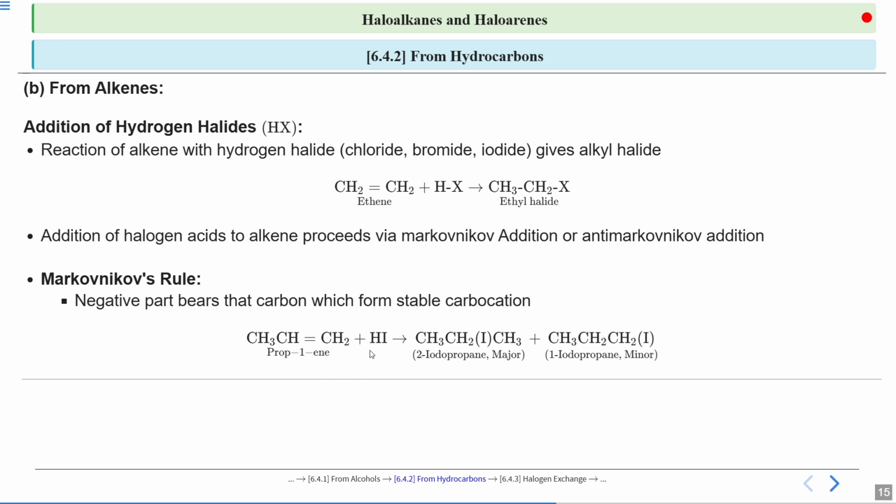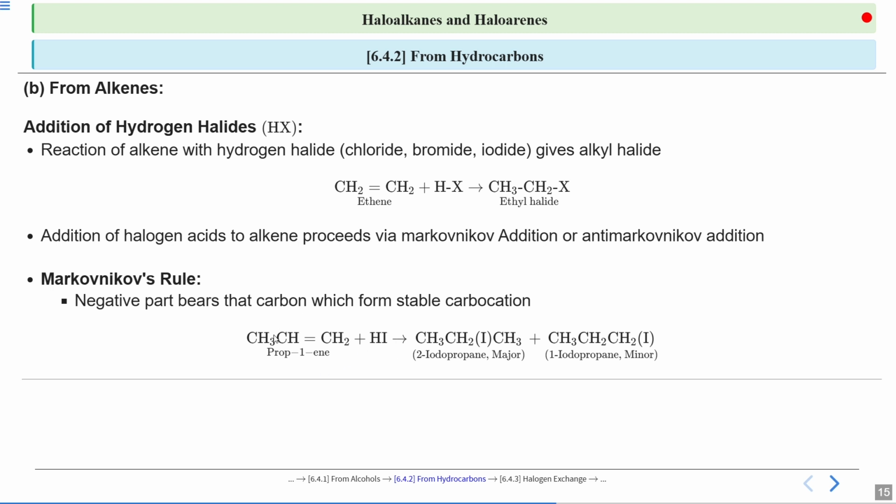So in this alkene, you can see the double bond carbons. This I negative will attack one of the carbon atoms of the double bond, the one where the hydrogen count is lesser or where the carbon forms a stable carbocation.